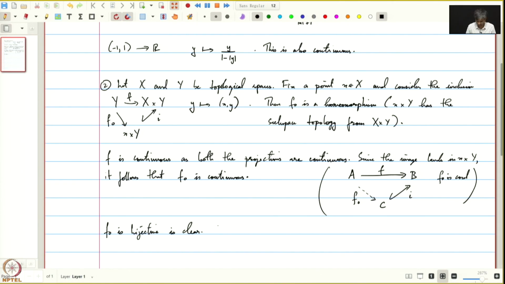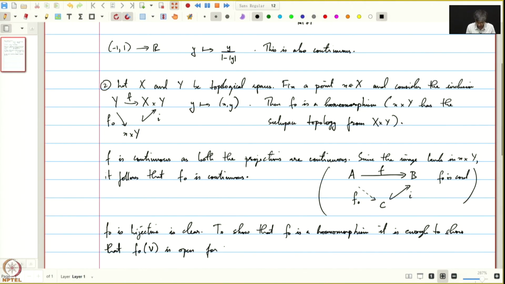So therefore, to show that f naught is a homeomorphism, it is enough to show that f naught of V is open for an open V in Y, right?